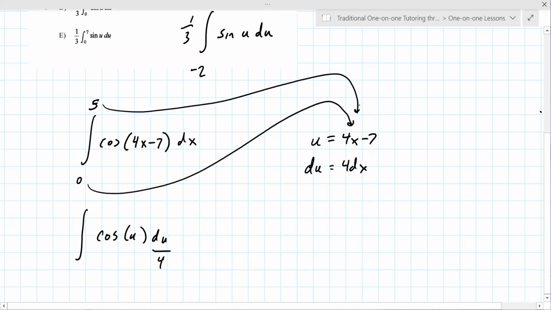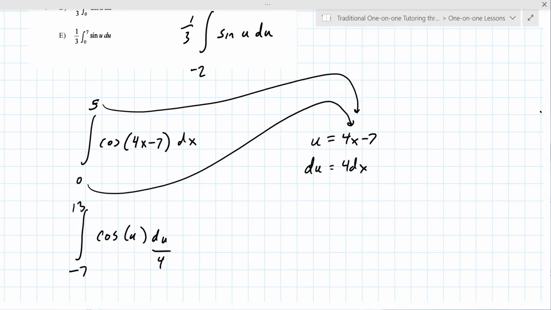Okay, so 4 times 0 minus 7, so that's minus 7, and then 4 times 5, 13. So then it's negative 7 to 13. Yes. Cosine, you plug back in the u for 4x minus 7.